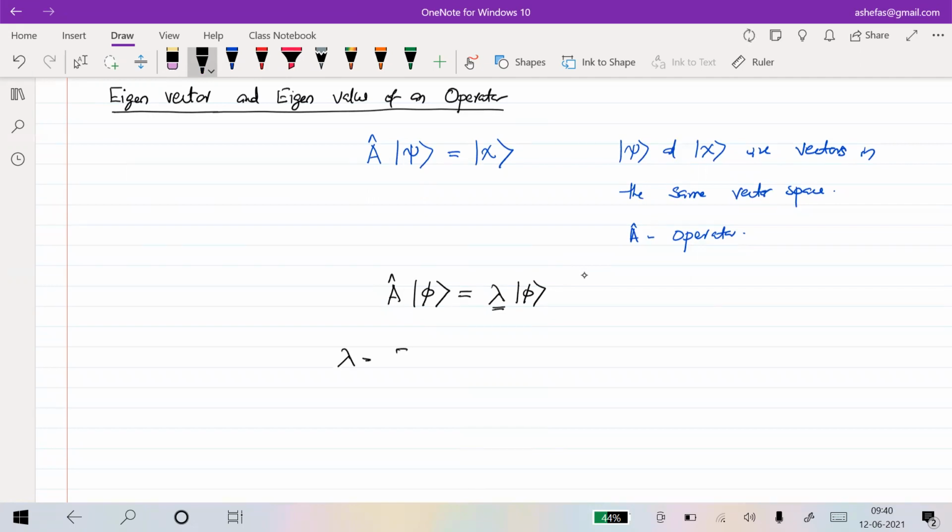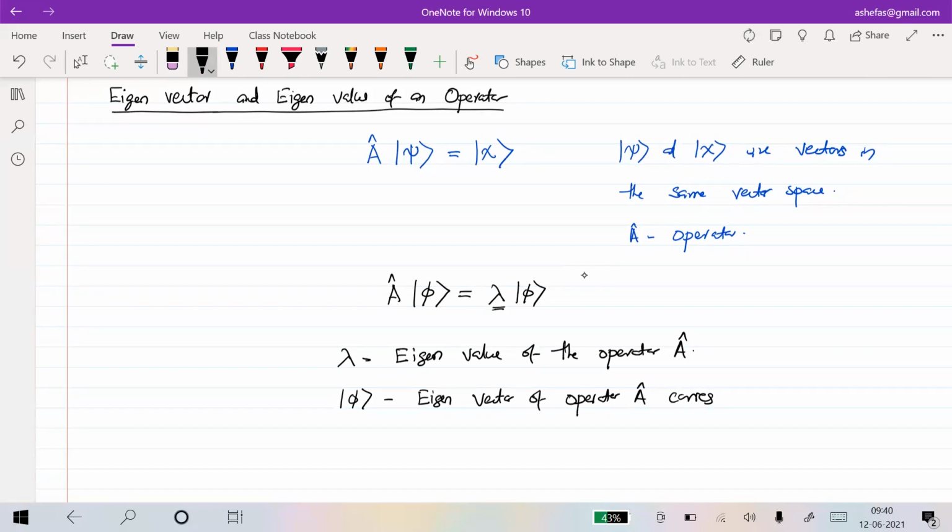Lambda is the eigenvalue of the operator A, and phi is called the eigenvector of operator A corresponding to eigenvalue lambda.